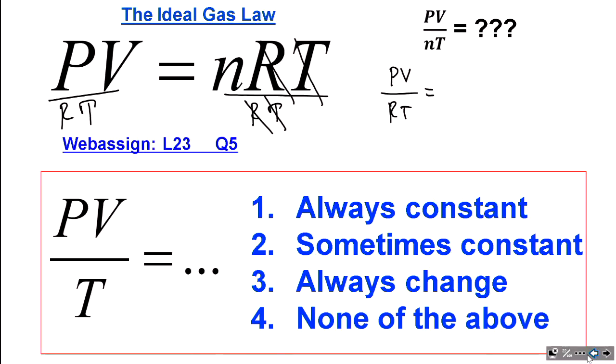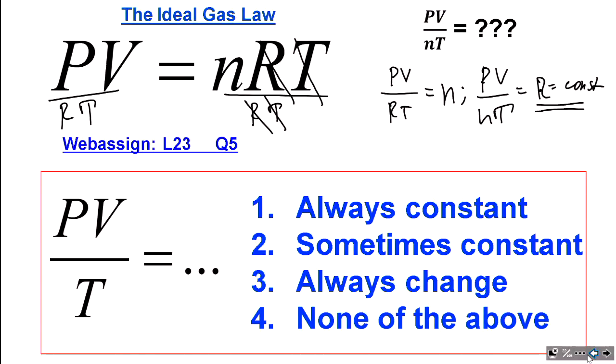What's left is N. That's not what I want to do. I want to divide the product of pressure and volume over the number of moles and temperature. In that case, the answer is R. And that is definitely a constant, 8.31.